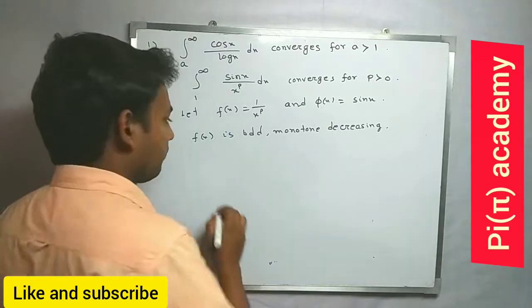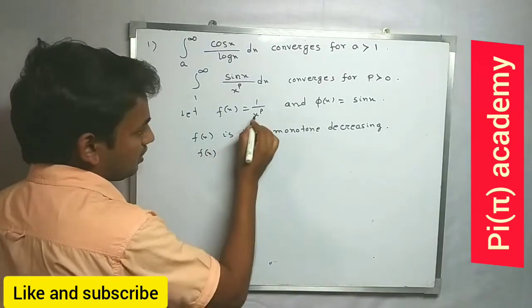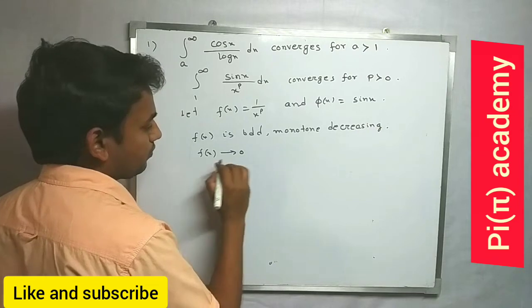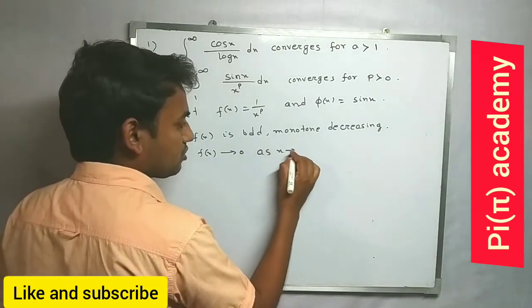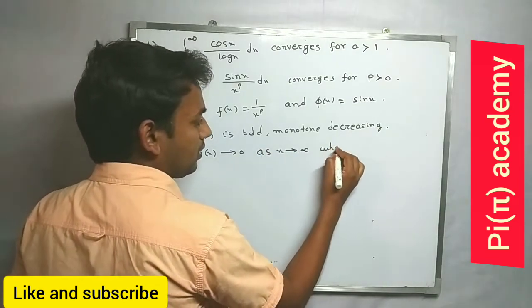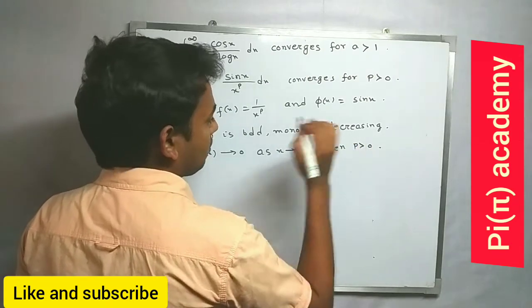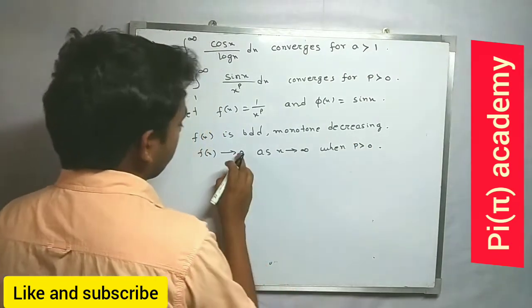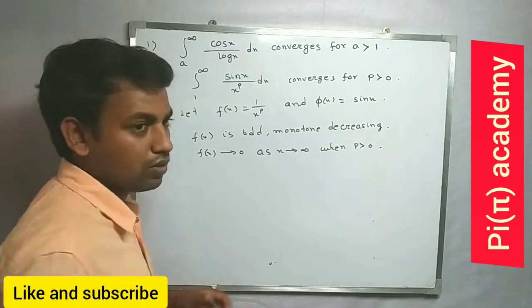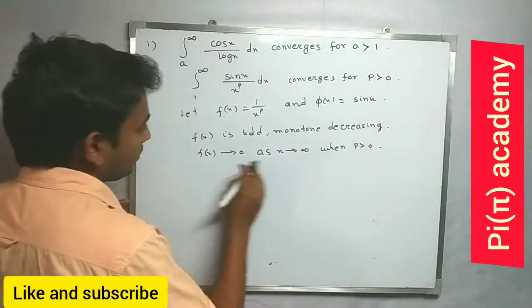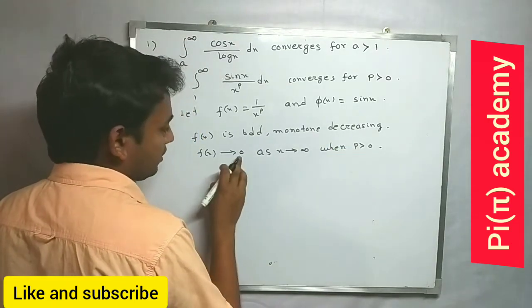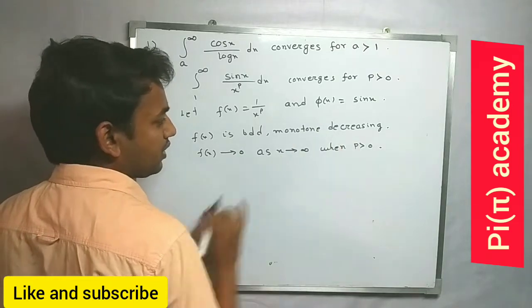And also clearly f(x) tends to 0 as x tends to infinity when p is greater than 0. If p is less than 0, then f(x) tends to plus infinity. Therefore f(x) tends to 0 as x tends to infinity when p is greater than 0.